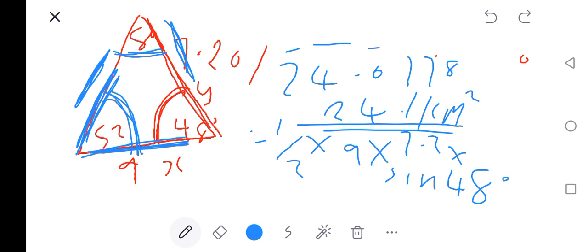You use the angle which is touching those sides that you've picked. So what is the angle of 9 and what is the angle of 7? Which angle are those lines joining?